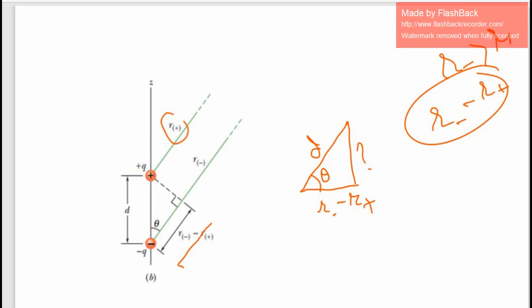Okay, the trigonometric ratio dealing with the hypotenuse and the base is cos of theta. Again, the very friendly cos of theta.